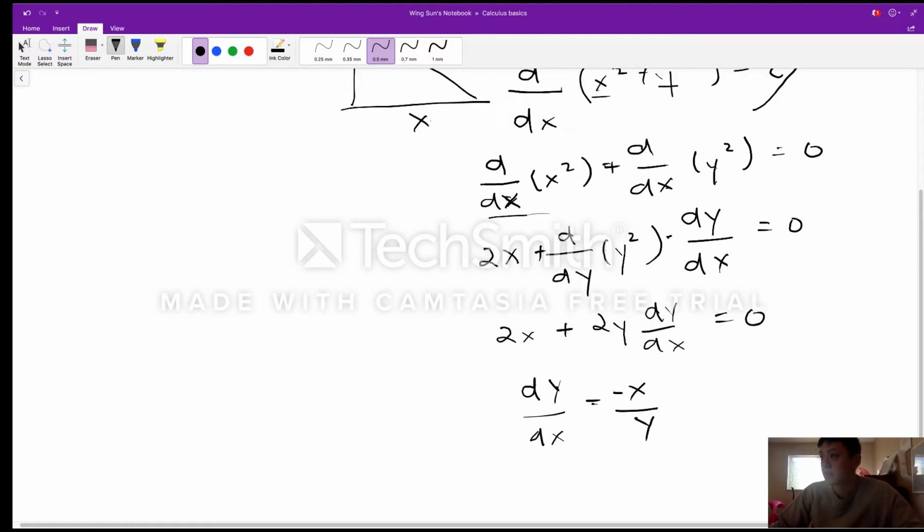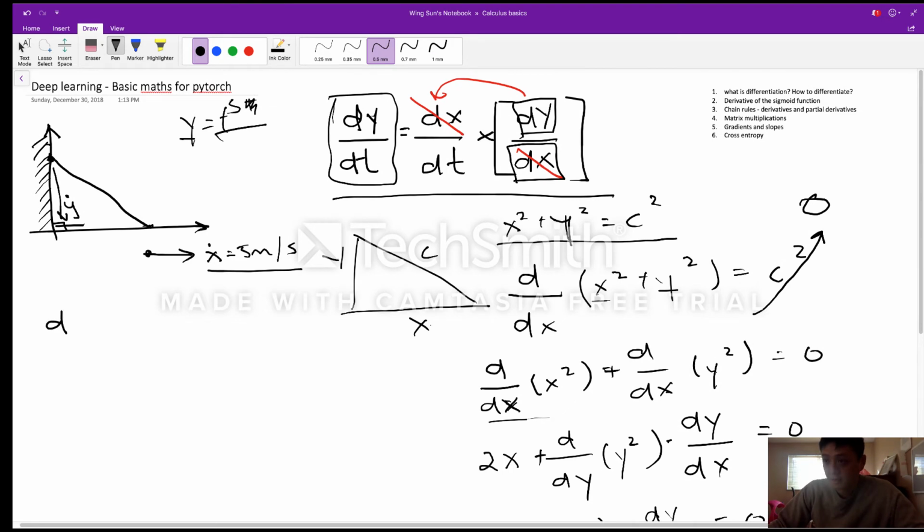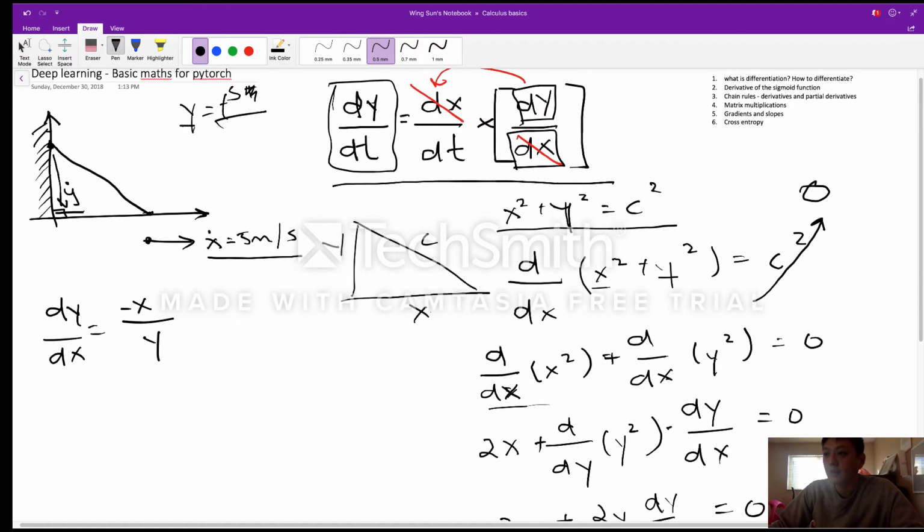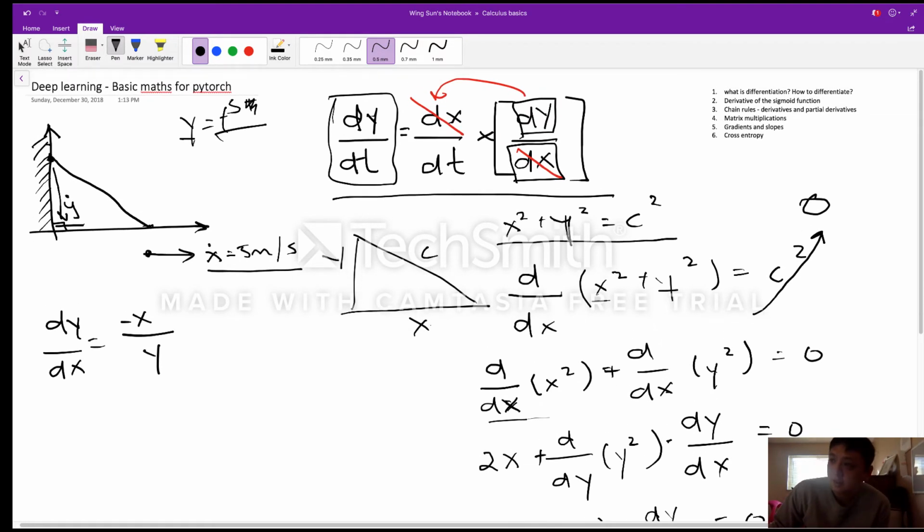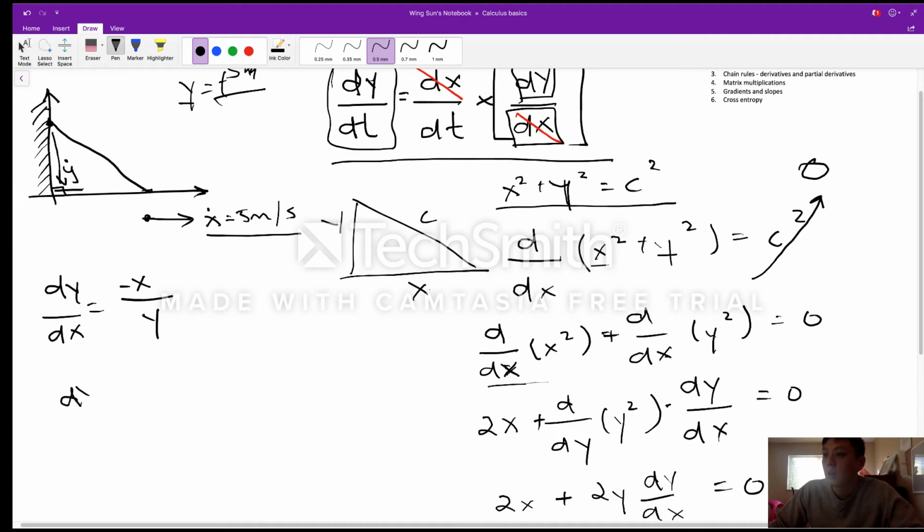Which makes perfect sense, because if I write this back here, dy over dx is equal to negative x divided by y. You can see that if x is positive, then the movement of y is going to be negative, because it's given by this. So it's opposite. Let's bring this all back. You have dy over dt equals dx over dt multiplied by negative dy over dx.